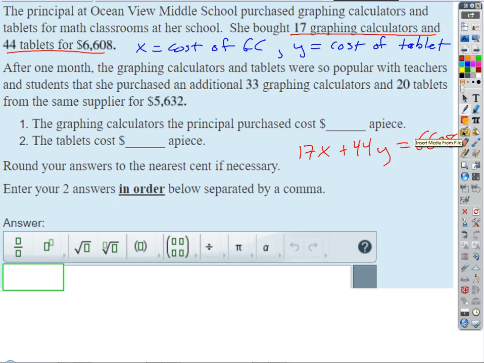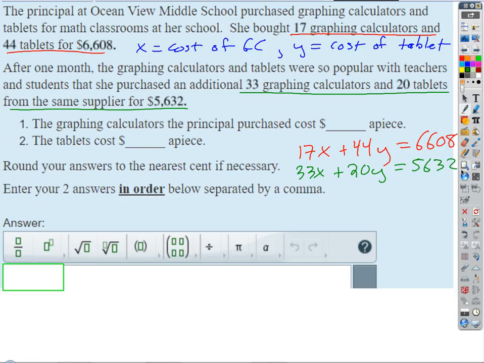66.08, right? Compare that to the other situation where 33 graphing calculators and 20 tablets cost $56.32. So isn't that just going to be 33x plus 20y equals 56.32, right?